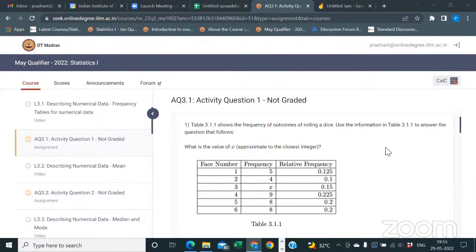For finding the value of x, first you can see we have been given frequency and relative frequency.